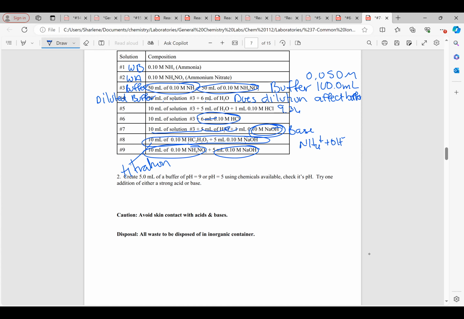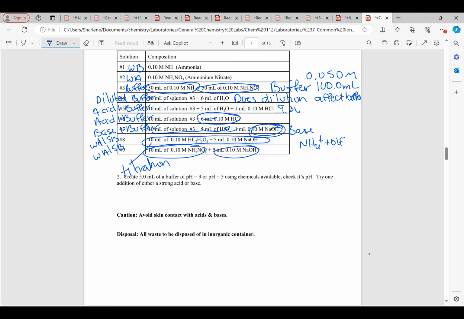This one we did acid plus a buffer, so a titration technically with an existing buffer. This one, we did it again, just with more. Number 7, it was a base plus the buffer. And number 8, this is a mini weak acid strong base titration. And number 9 is another weak acid strong base titration.